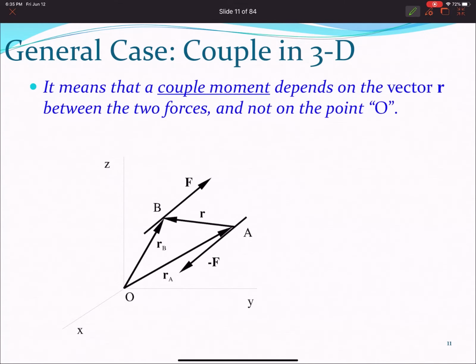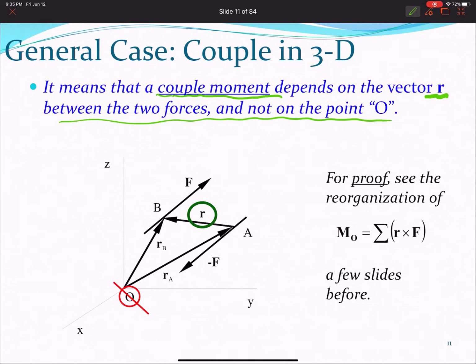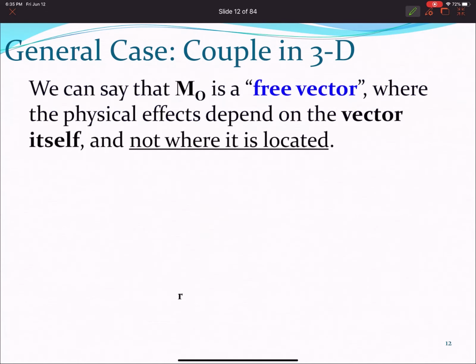It means that a couple moment depends on the vector R between the two forces and not on point O or any other point for all intents and purposes.